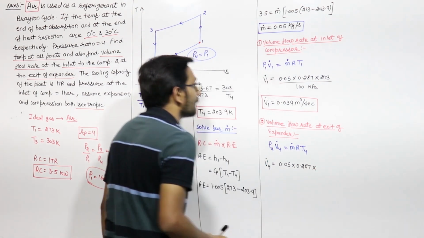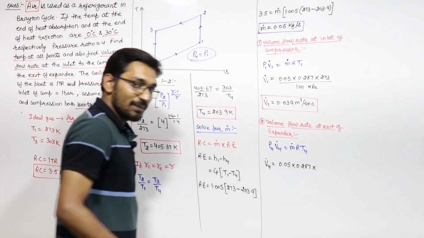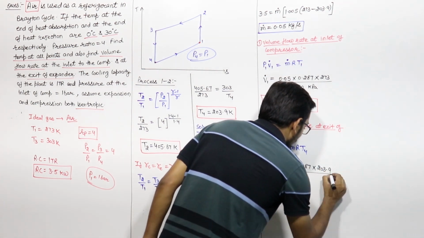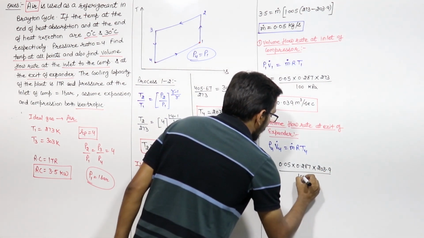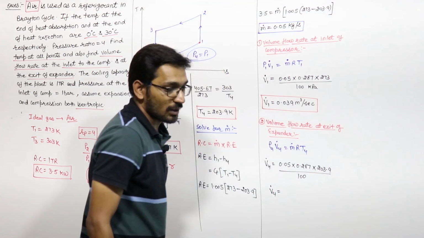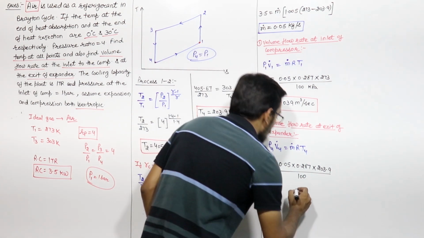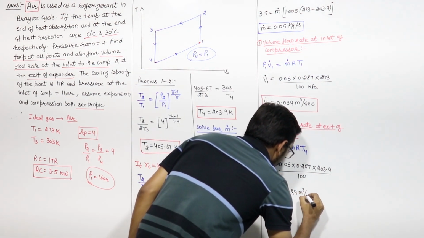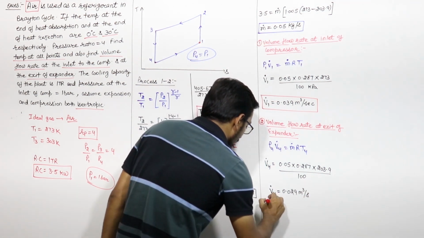Now what is T4? We find 203.9, right? 203.9 divided by P4, that is 100. So if you solve this, then the volume flow rate at point 4 will be equal to 0.029 meter cube per second. So this is the answer.